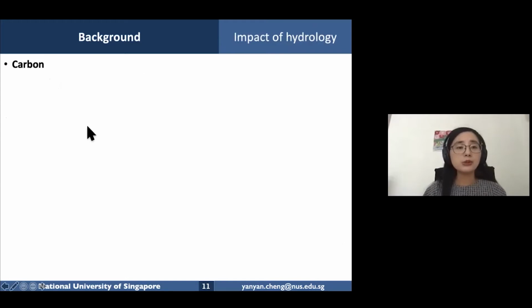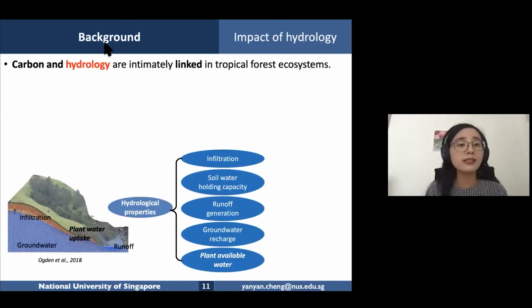And up to this point, I'm mainly talking about carbon related to all this vegetation. But actually, carbon and hydrology are linked in tropical forest ecosystems. There is no way to consider carbon and hydrology separately.